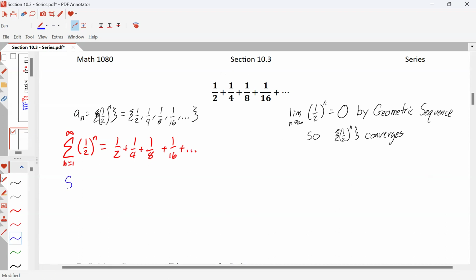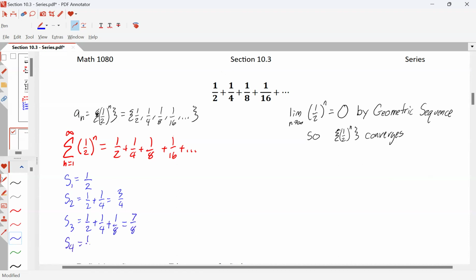Looking at the sequence of partial sums, S sub k, S sub 1 is the sum of the first term, that's just 1/2. S sub 2 is 1/2 plus 1/4, which is 3/4. S sub 3 is 1/2 plus 1/4 plus 1/8, which is 7/8.